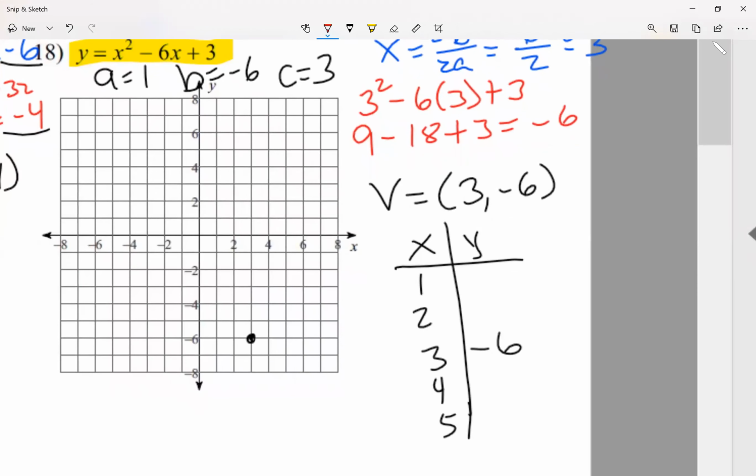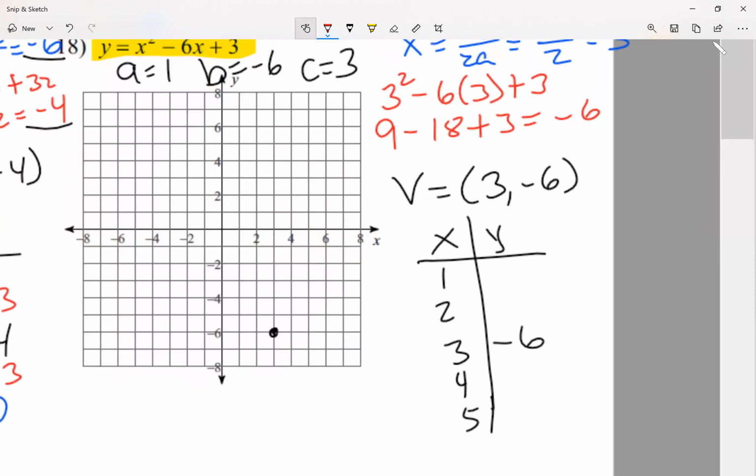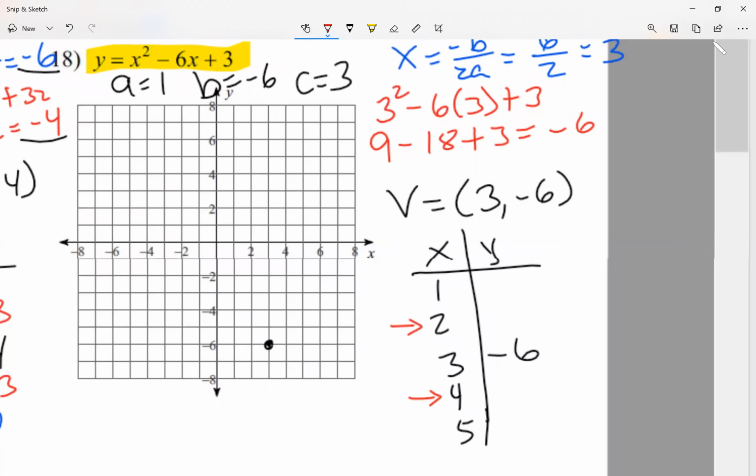All right, so I could either use x equals 2 or x equals 4. Whichever one I use, I get the same y value. Since I can choose, I'm going to choose 2. It's easier to work with the 2 than the 4.